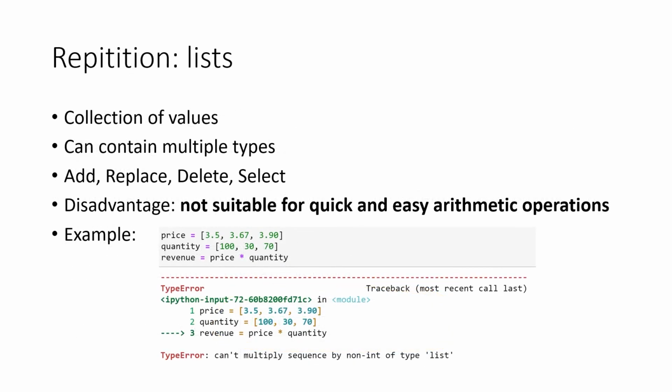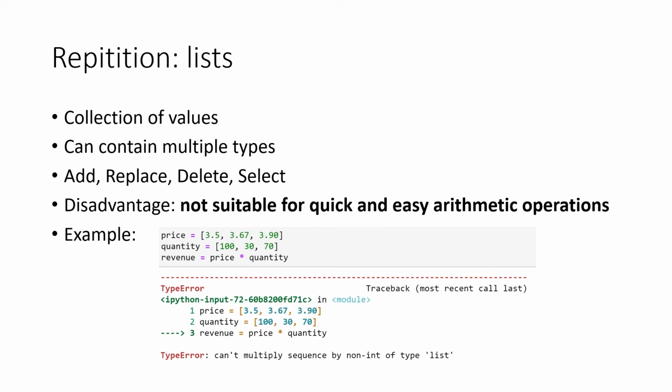Let's make a short repetition of lists. First of all, they are useful because we can collect multiple values in them. We can also add, replace, delete, or select multiple elements within a list. The huge disadvantage, though, is that we cannot make simple calculations with them.